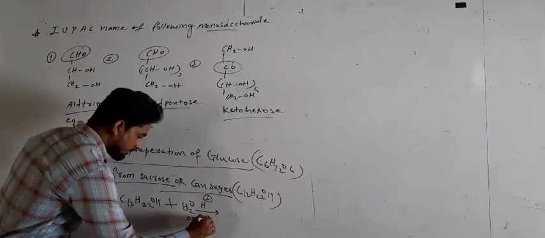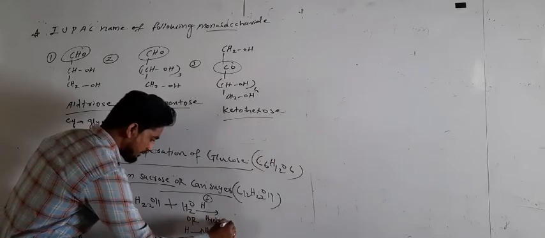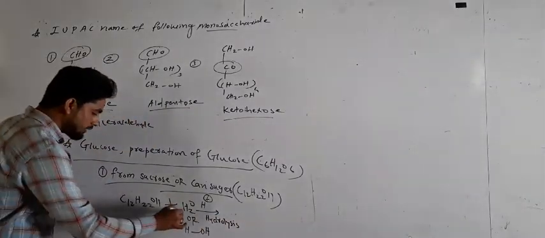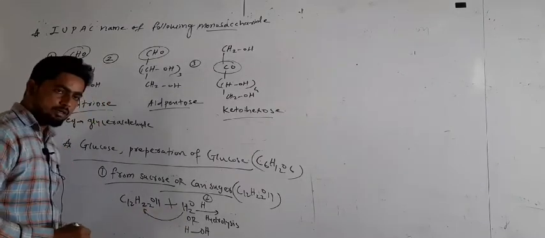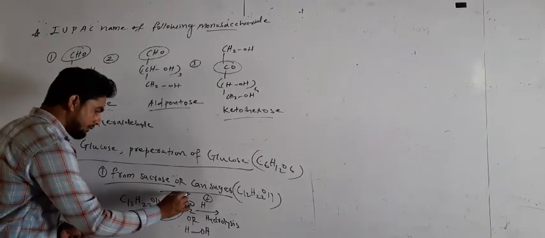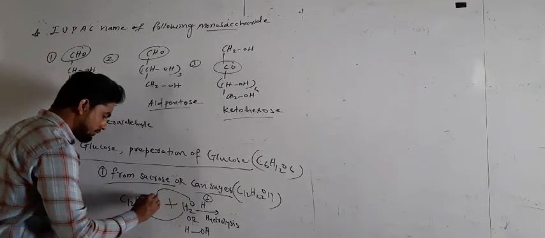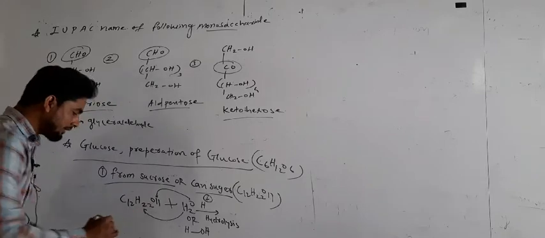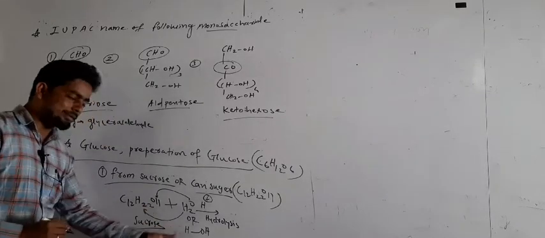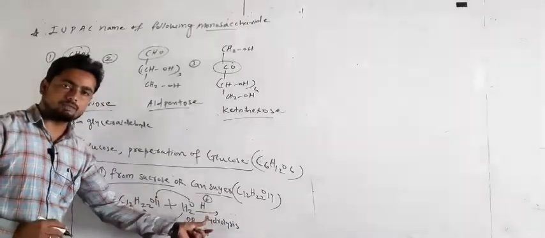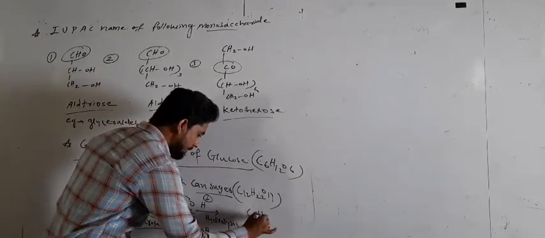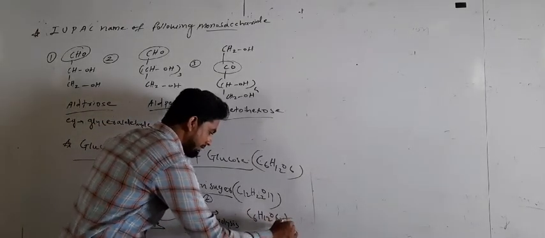So in this reaction, the two hydrogens are shifted to this hydrogen, 22 plus 2 is 24, and the one oxygen is attached to the 11. So when sucrose undergoes acid hydrolysis, it forms two monosaccharides. One is C6H12O6 and the second also C6H12O6.